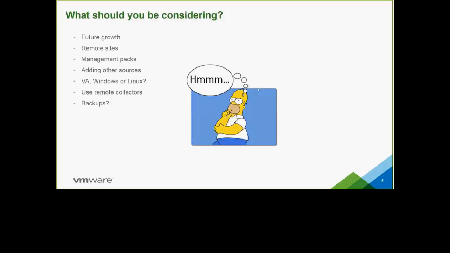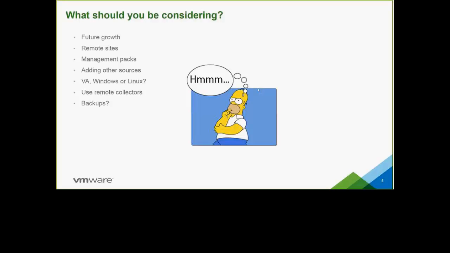You need to think about management packs. Now, management packs, if you're not familiar with them, are provided either by VMware or Blue Medora or a vendor. So it could be provided by Cisco to monitor UCS, for instance, or it could be Brocade or any number of other things. There aren't management packs for everything, but there's a heck of a lot available on the Solutions Exchange.